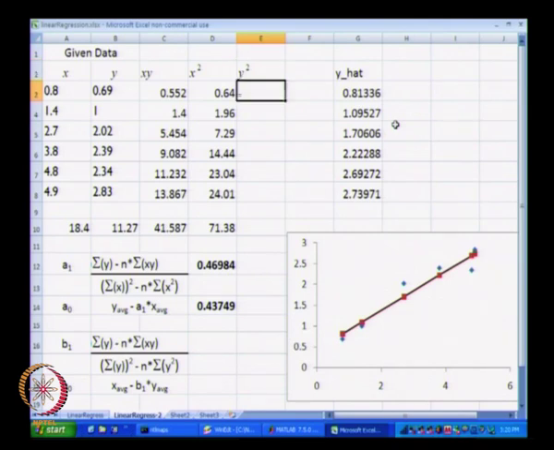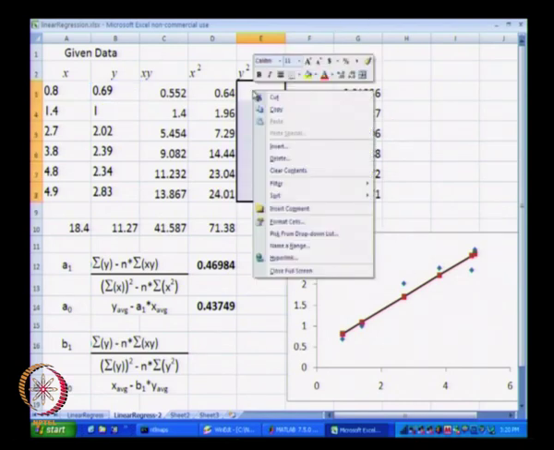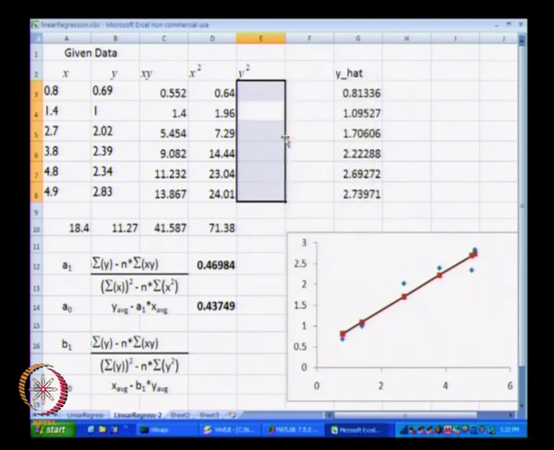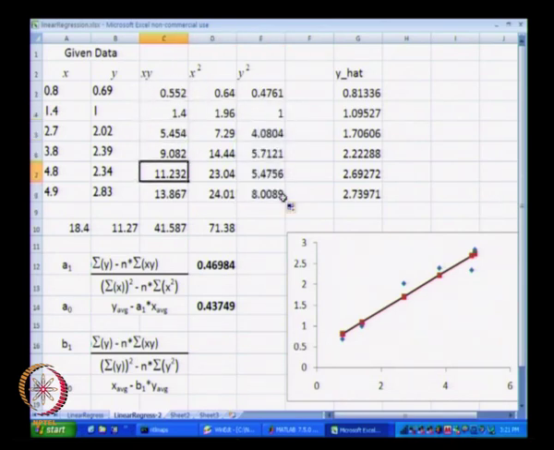So y squared is going to be this value to the power 2. I will just increase the font so that it is all visible. I am just going to drag it all the way so that all the data is covered, and we will get the summation and then save it over here.